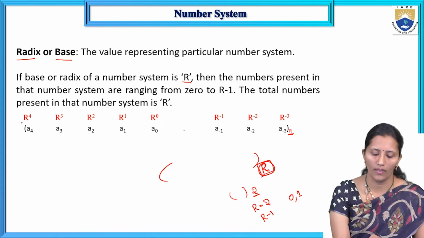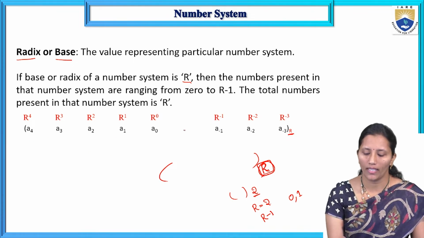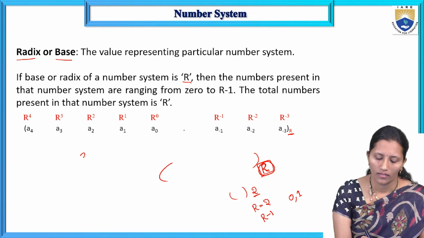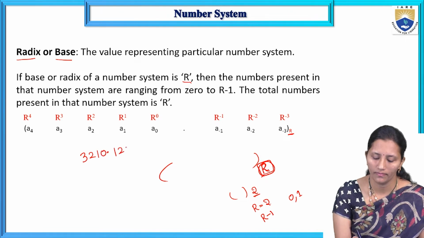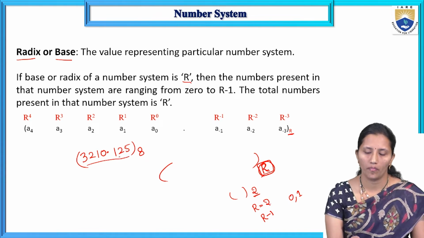For example, suppose the number is A4, A3, A2, A1, A0 dot A minus 1, A minus 2, A minus 3. This is the number, and these are the digits. The base radix is 8, so by seeing this radix we can say it belongs to the octal number system.